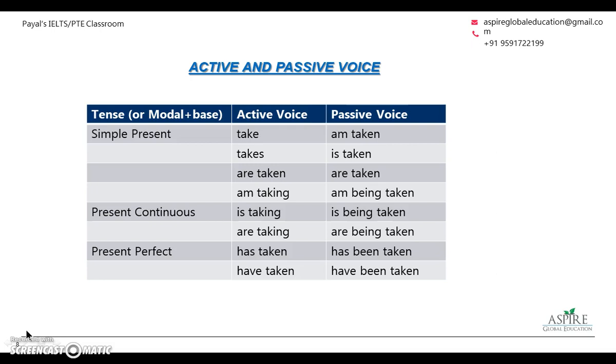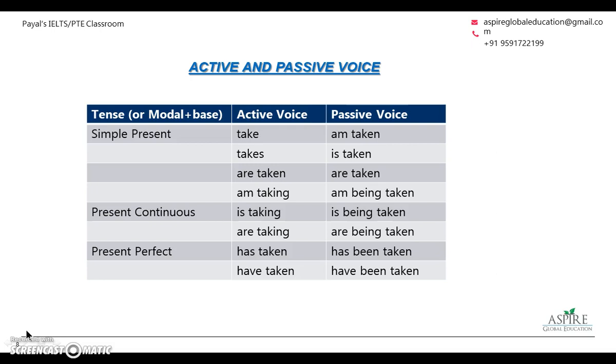So if you look at it, sometimes your subject is singular, like she takes holidays, and your object is plural. So when you change active to passive, your object comes first, which is your plural. So then obviously your verb will also change. It will not remain singular anymore. For example, the work is isolating individuals.